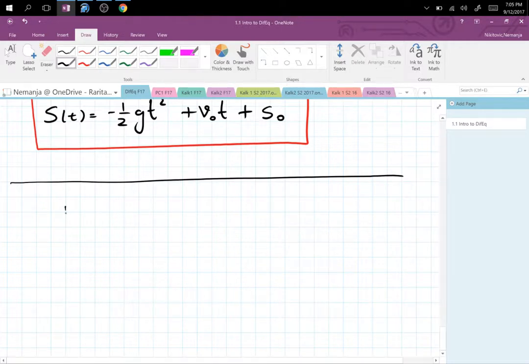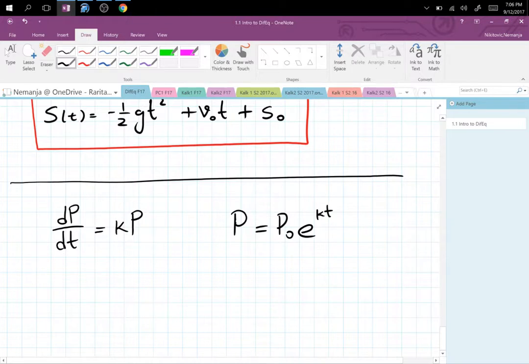Say my differential equation was dp/dt = kp, and its solution was p = p0 e^(kt). So I have the equation and I have its solution. How do I check? Well, plug in. That's how you check equations.